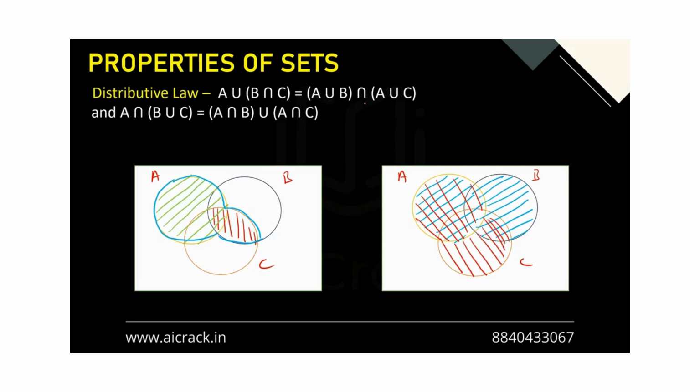Now we have to do the intersection of both of them. For intersection, we have to find out the area which is cross-checked with red and blue lines. So what we are getting over here is again this region only. This is the region we are getting, which is the same as this region, right? So no matter how we proceed, with this one or with this one, we are going to get the same result, right?